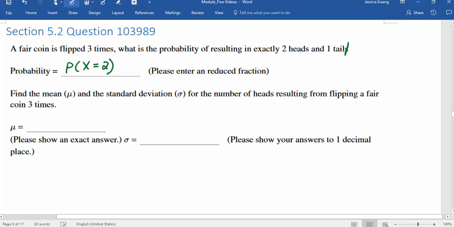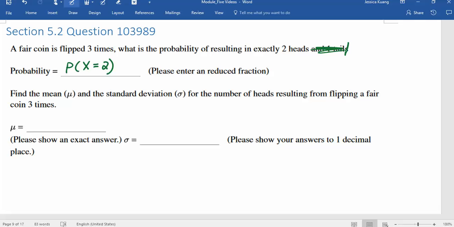Notice the question says exactly 2 heads and 1 tail, and we don't actually need the last phrase, because if we flip it 3 times and want exactly 2 heads, of course we have 1 tail, unless your coin has the capability to stand on its side, which doesn't happen.